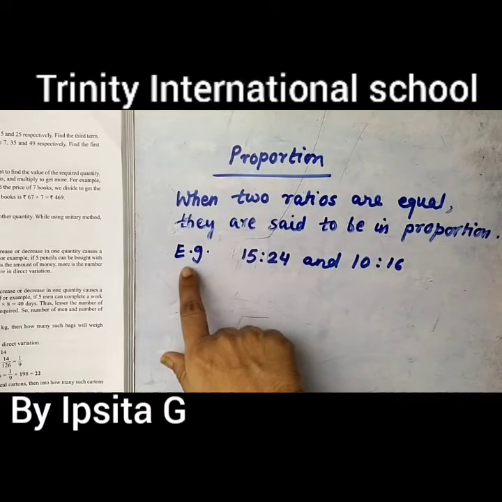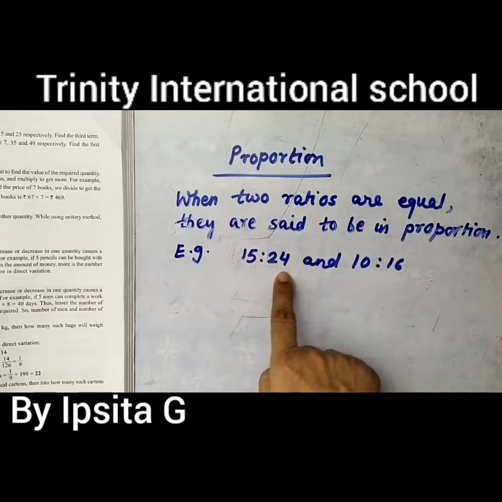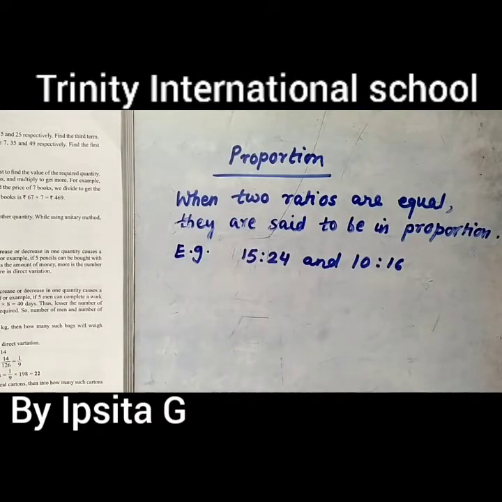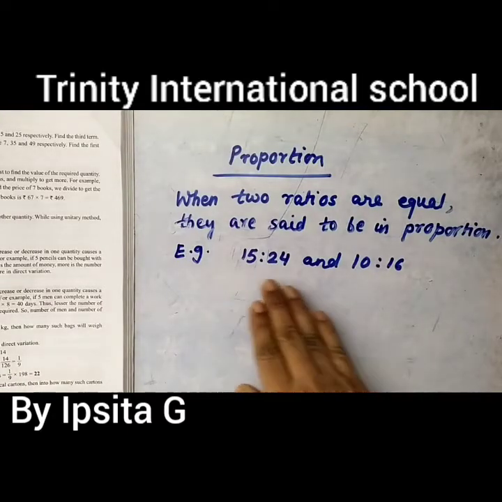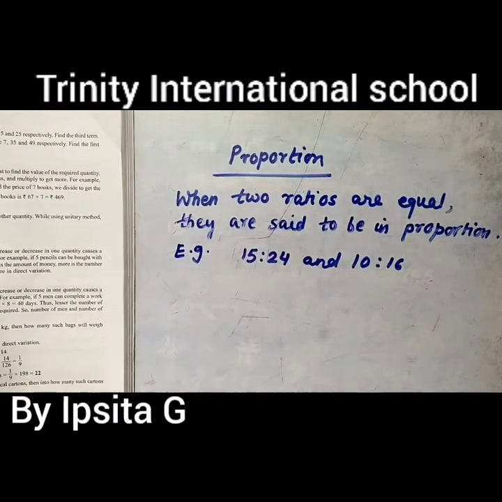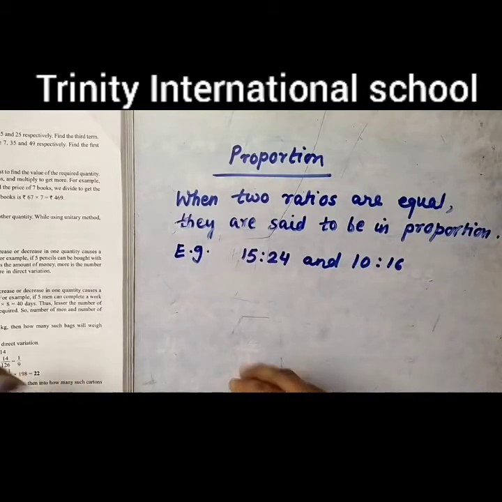Now I have written one example here. You have 15:24 and 10:16. These two ratios I have taken. Now we have to make them equal so that we can say these two ratios are in proportion. Let us see how they become equal.